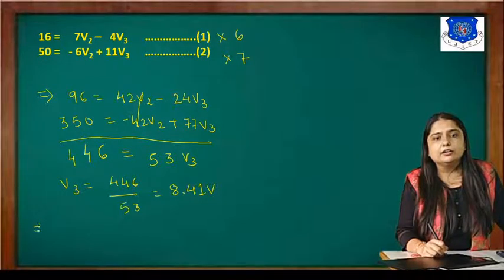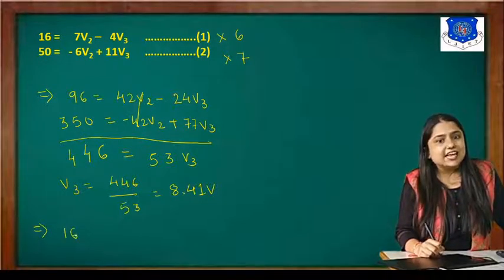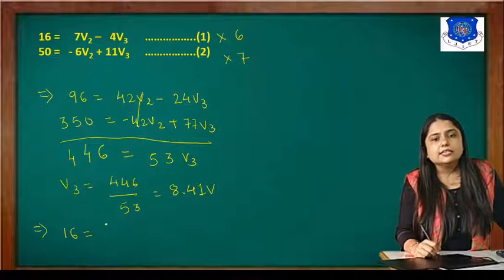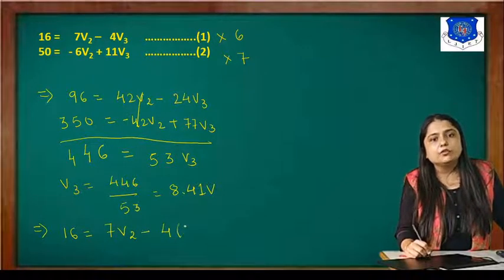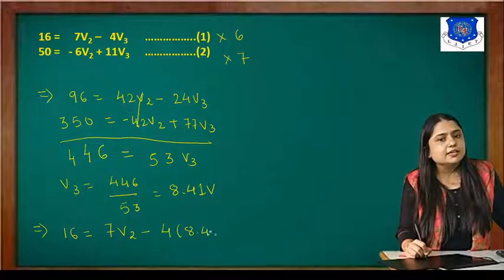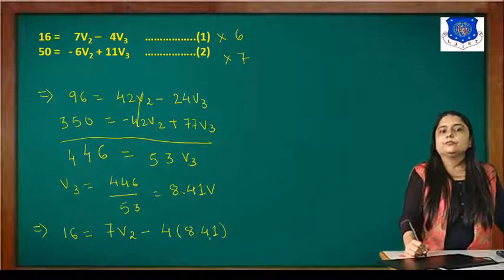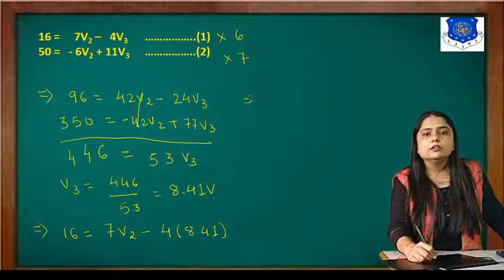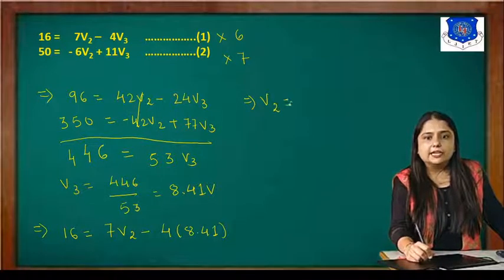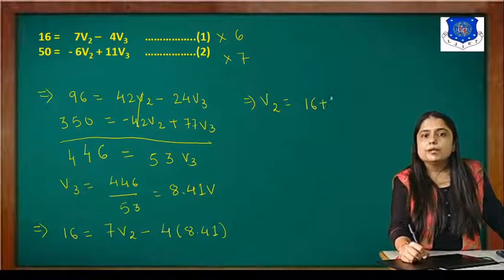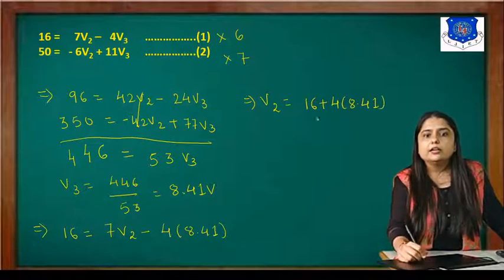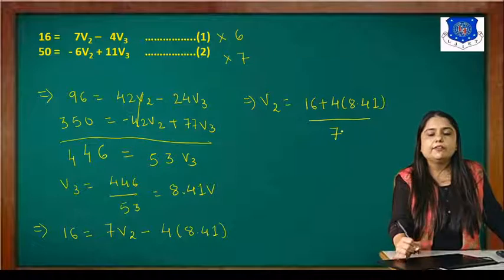So what do we get here? 16 as it is, then 7V2 minus 4 in place of V3, that is 8.41. Now V2 equals (16 plus 4 times 8.41) divided by 7.